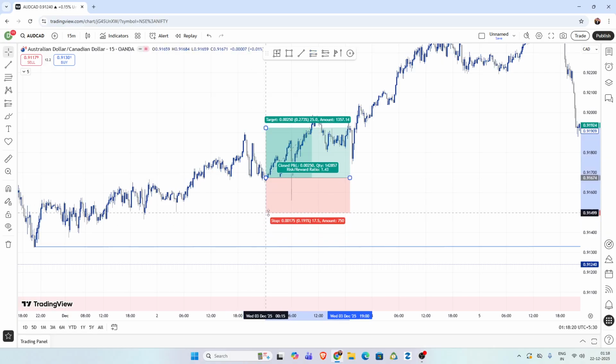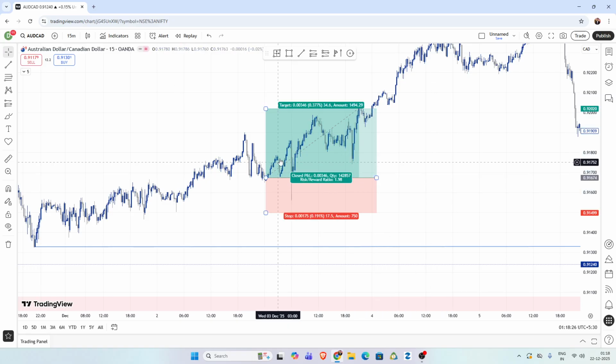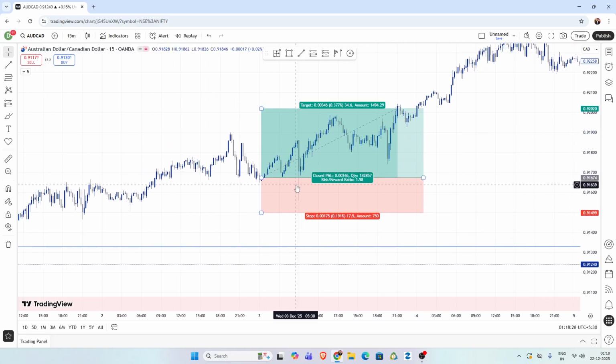Yes, I would have got 1:2, but this big red candle would have given me pain.